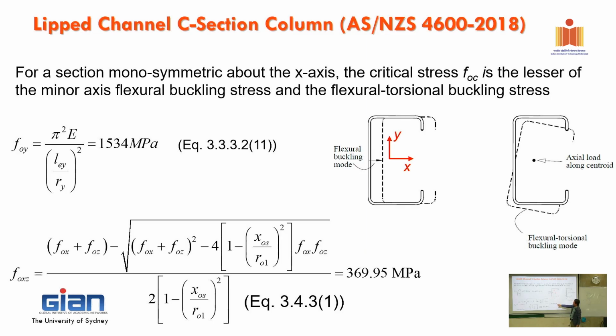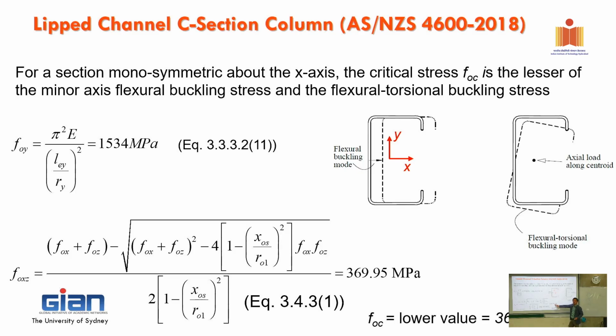Now what you can see is that one is 300 something megapascal. This one is 1000 because of the help of this guy. So it's going to buckle in flexural and torsional, okay? But flexural, remember, this way, our plane, not this way, because this way is good already. Flexural and torsional. All right, so this is the weakest, the Foc now.